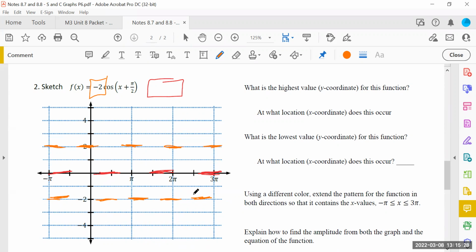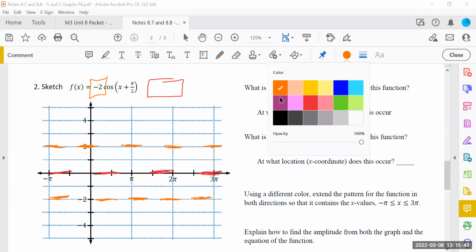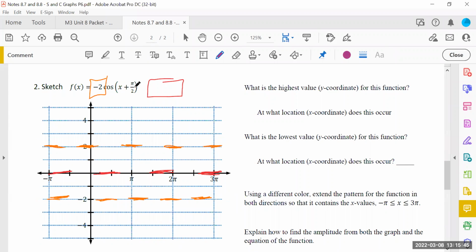This one is shifted left and right, though. Now, which direction is it shifted? Is it shifted left or right? It's always the opposite of what it looks like for those shifting left and right. So this is left pi/2. And they're always nice to us. They always make it line up with this graph here. So here's a point right there at -pi/2. That's going to be our starting line.